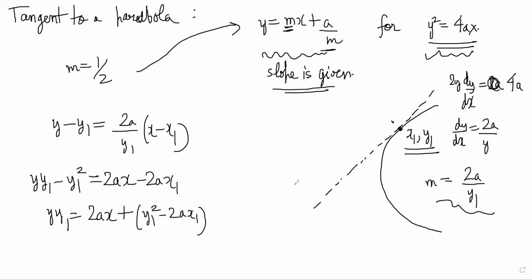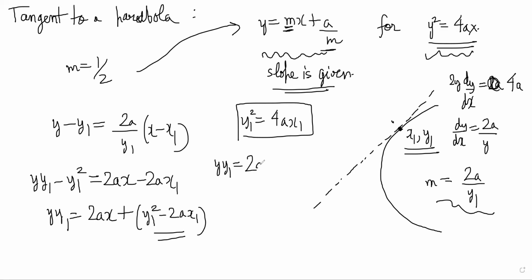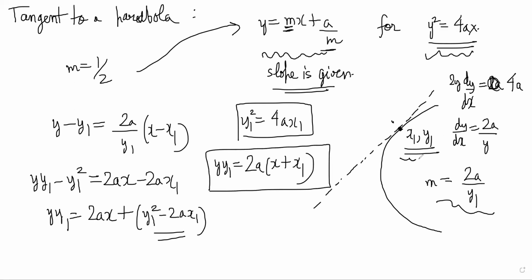And since x1, y1 lies on the parabola, you have y1 square is equal to 4ax1 anyway. So this becomes 2ax1. So you get y y1 is equal to 2a times x plus x1, which is the equation of the tangent at a particular point x1, y1.